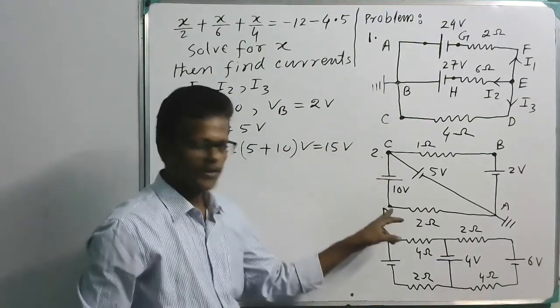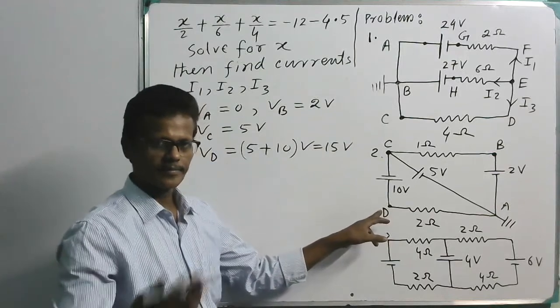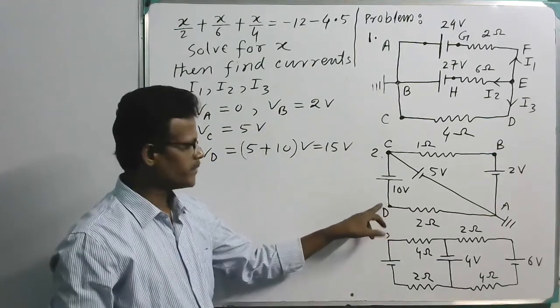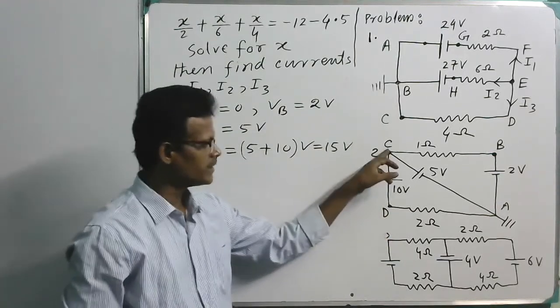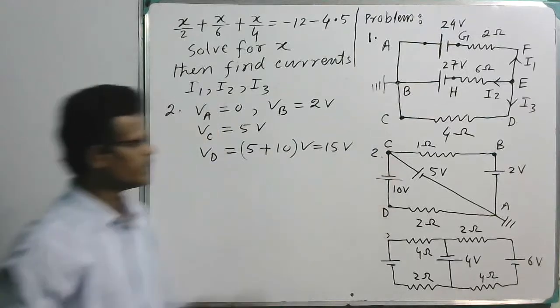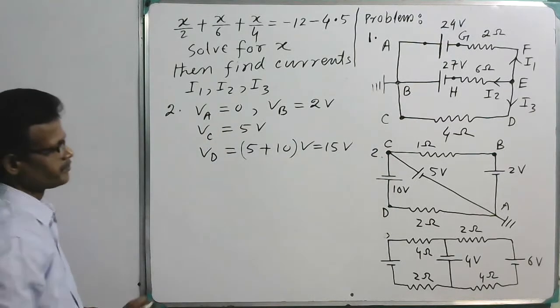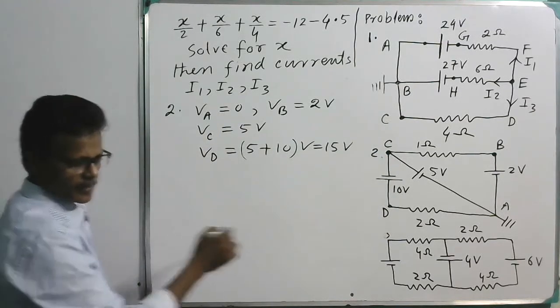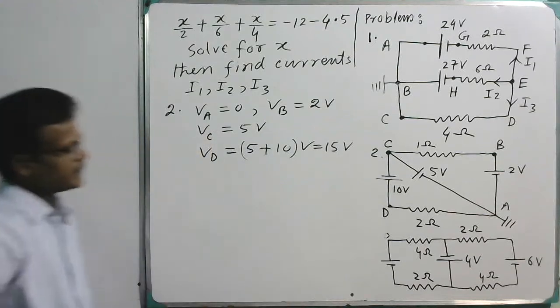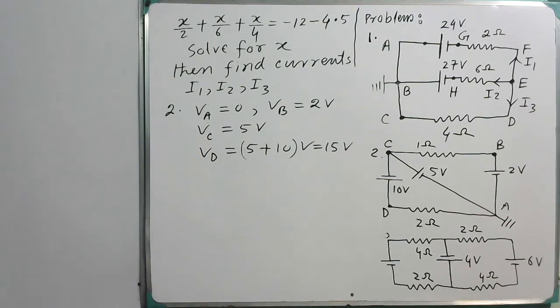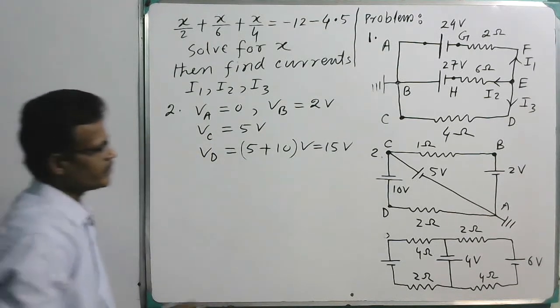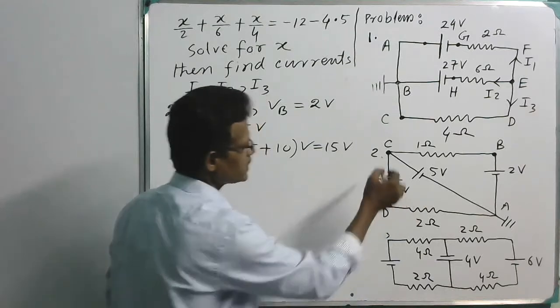Because this positive terminal has greater potential by how much? Here it is 5, so it will be 10 plus 5, 15. Now apply Kirchhoff's first law, or you need not apply Kirchhoff.